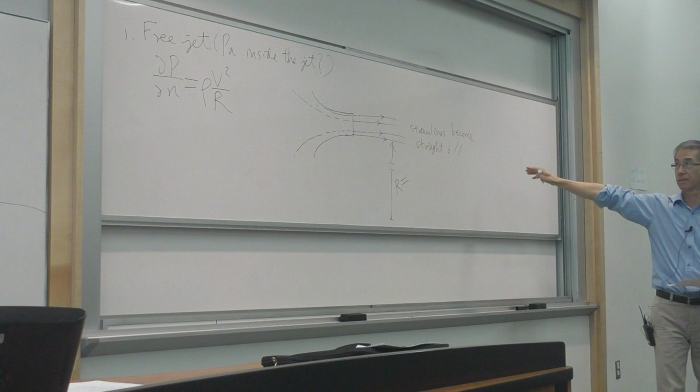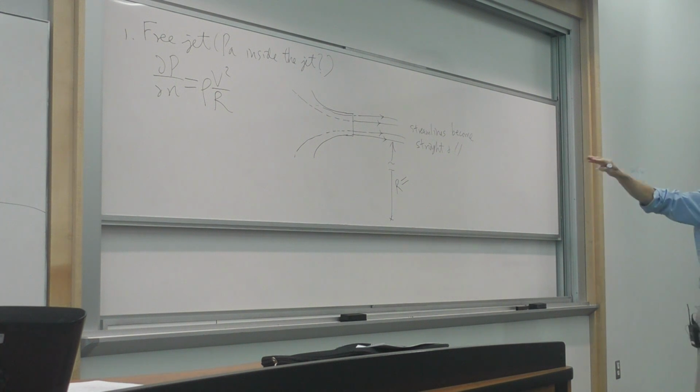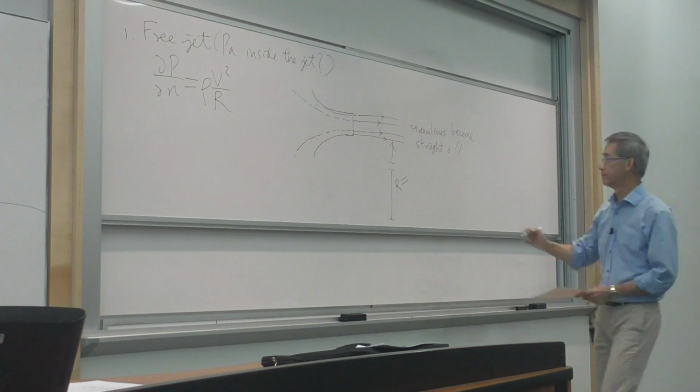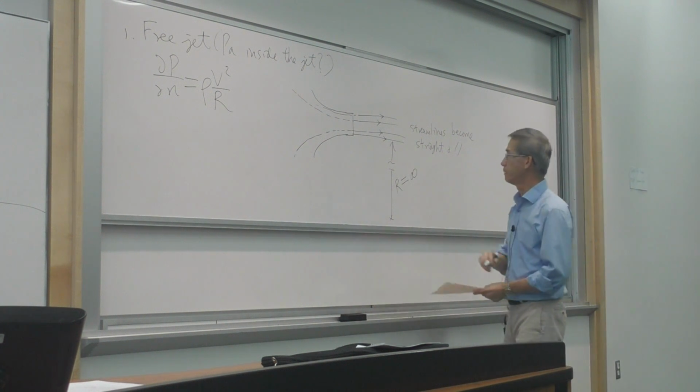So I have a set of infinite straight lines. What is the radius of curvature for a straight line? 0 or infinite? It's infinite.